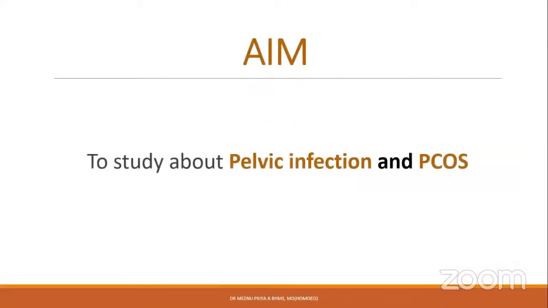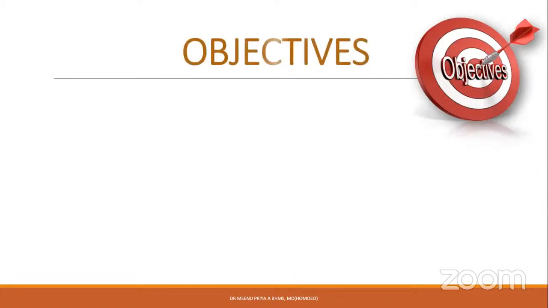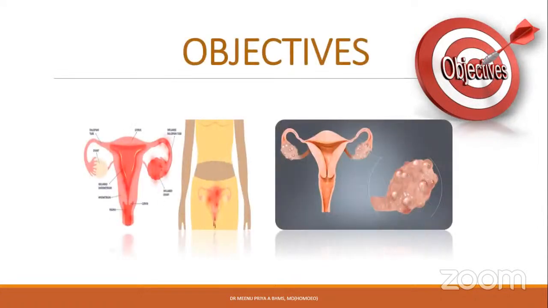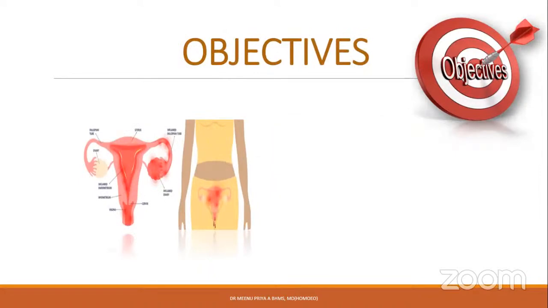The aim of today's session is to study pelvic infection and PCOS. Each infection will be studied in detail under pelvic infection, and there are a few inflammatory conditions also, like PID, a very important sure question from that topic.